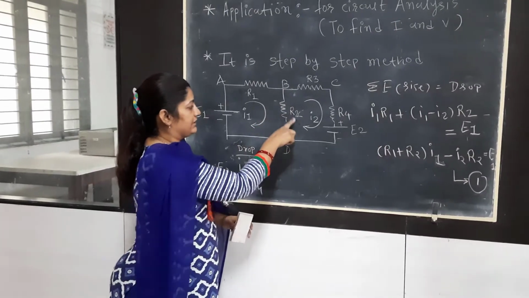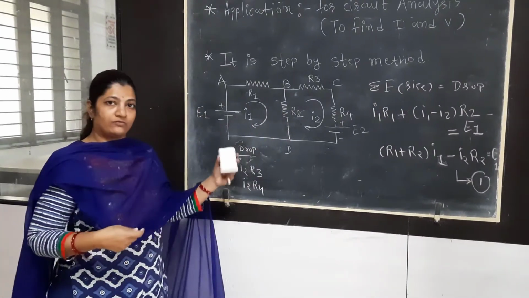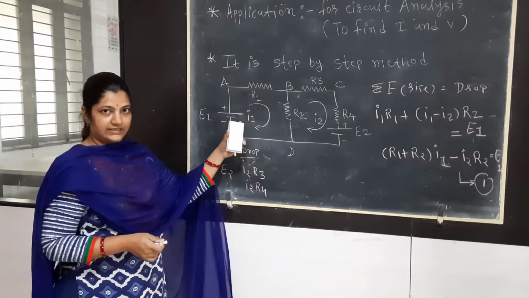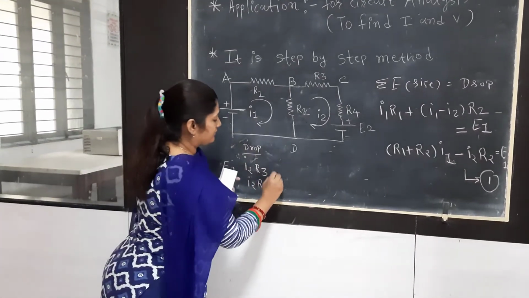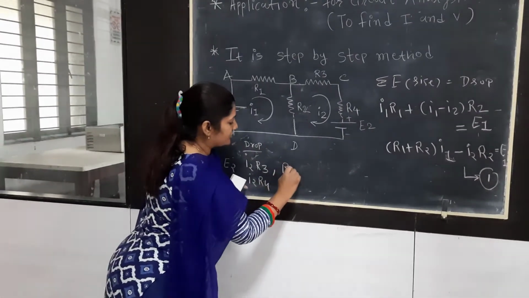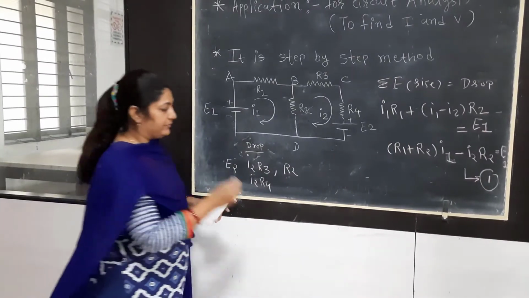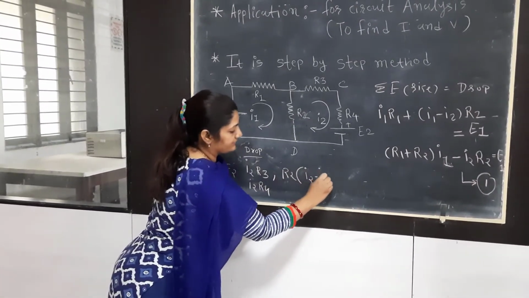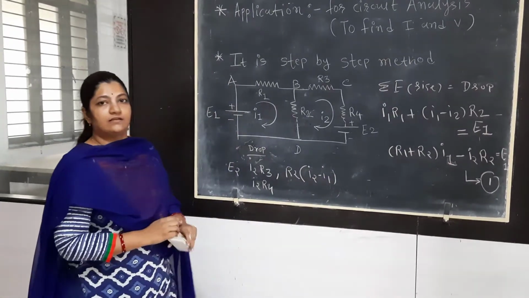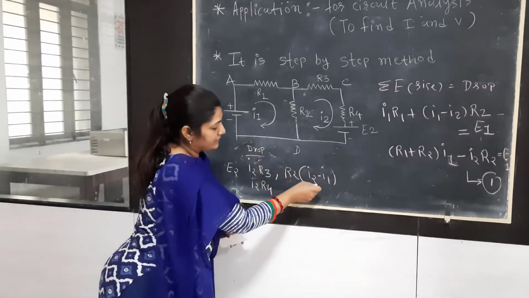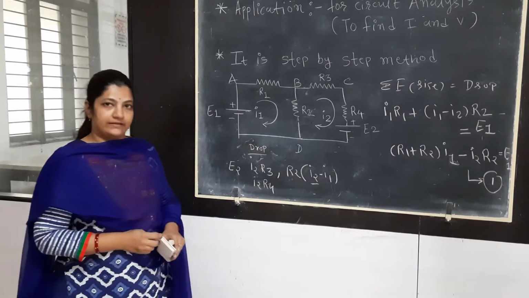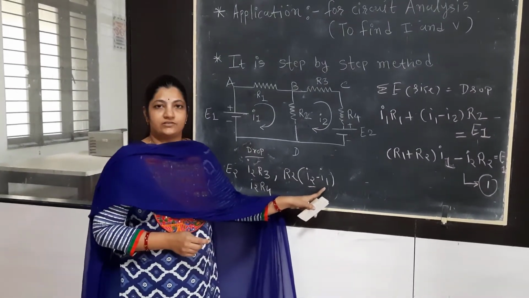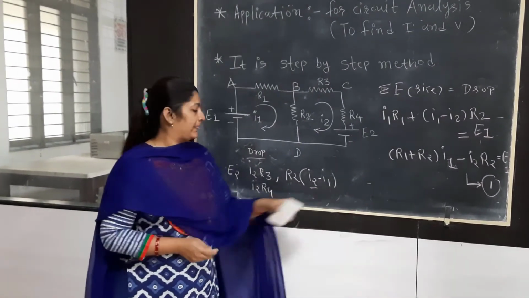Move forward. D to B, the R2 branch is there. Remember what we have discussed in the first mesh analysis. So here this R2 is also responsible for the drop term, but now the net current is I2 minus I1. Remember, principal mesh current minus another mesh current. Okay.